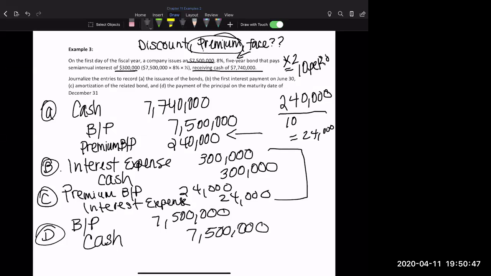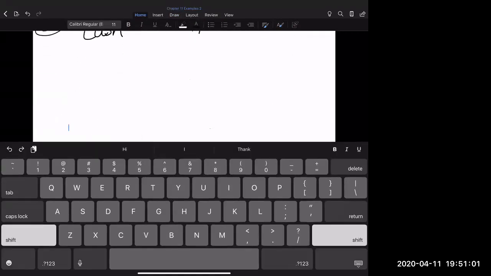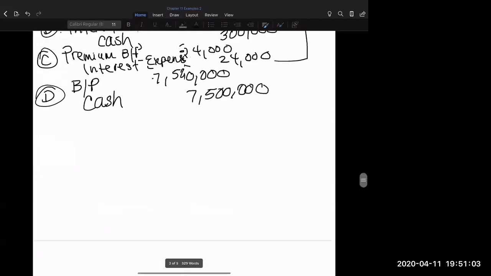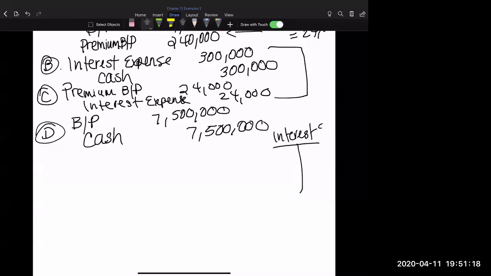All right, so with that, what I'm going to do now is combine these two entries so you have a good understanding of what that looks like. Let's combine both B and C. The way I like to do this is with a T account because it makes it easier to capture all of this. We have interest expense, with a debit and a credit.